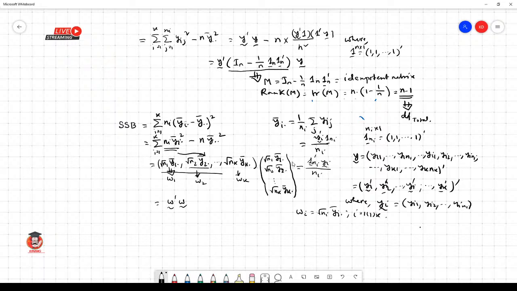And this portion, y dot dot bar, is nothing but sum over ni yi dot bar by n.